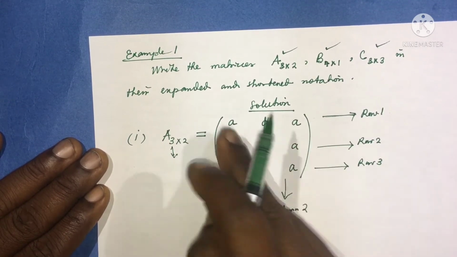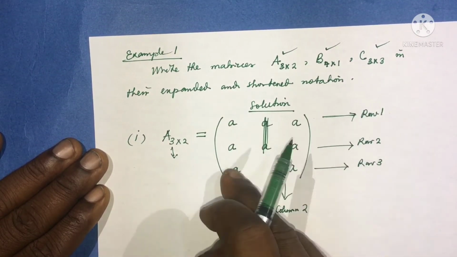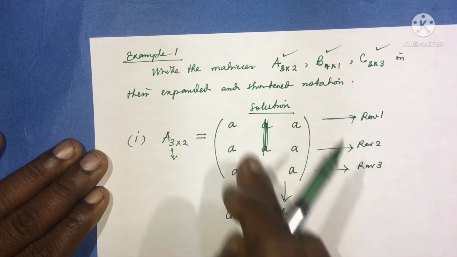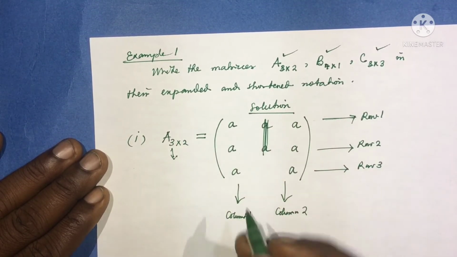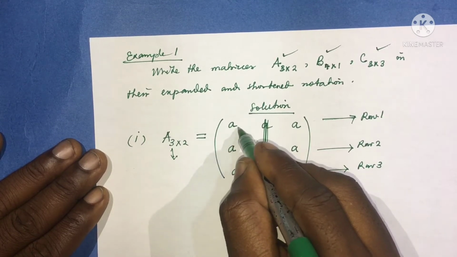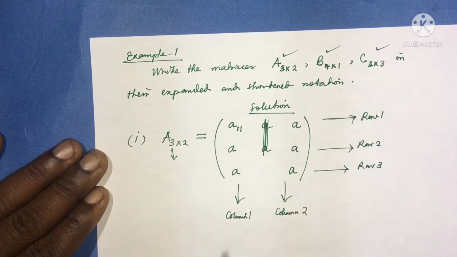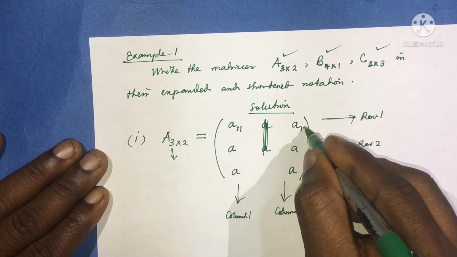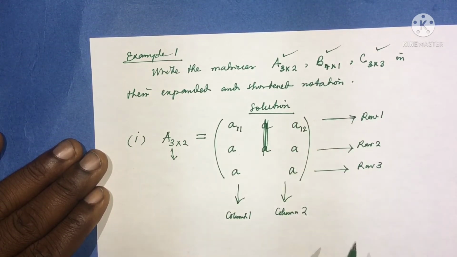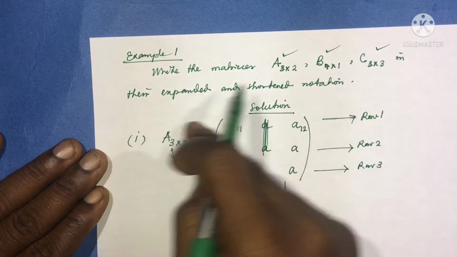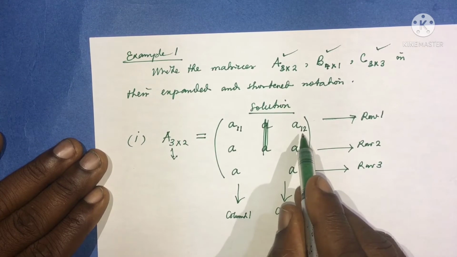So there are 3 rows, but just 2 columns. Now this element will be a11 because it finds itself in row 1, column 1. This will be a12 for a similar reason: row 1, column 2.